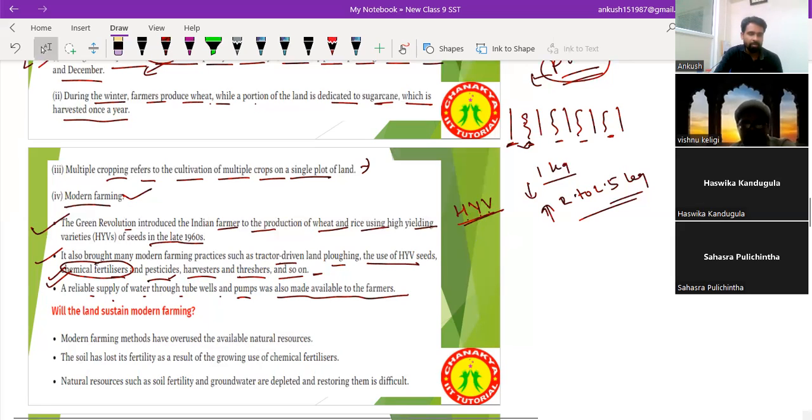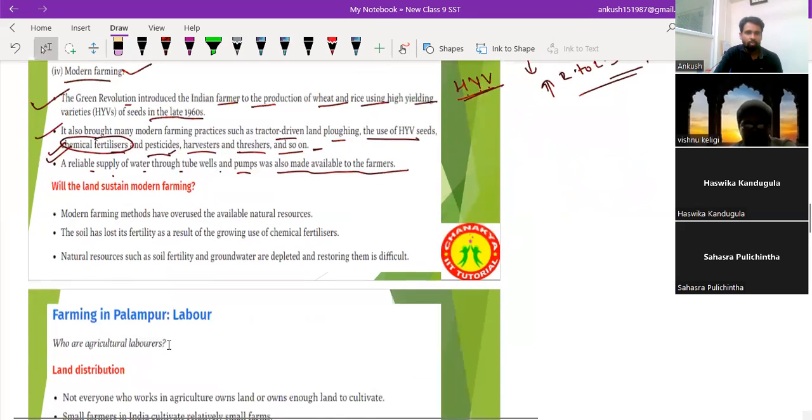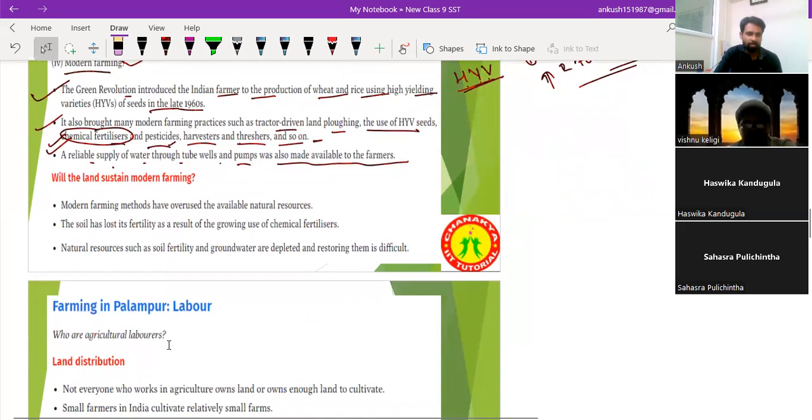Next point is, will the land sustain modern farming? Is it really so that modern farming would be sustained? Let us understand what could be done. Modern farming methods have overused the available natural resources.